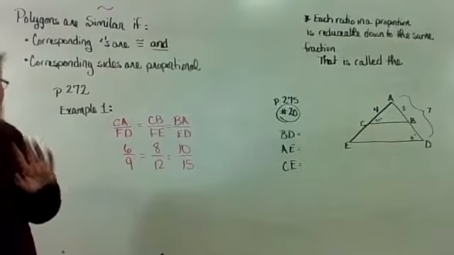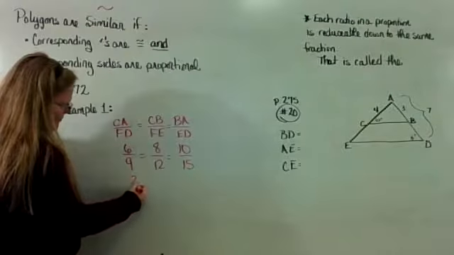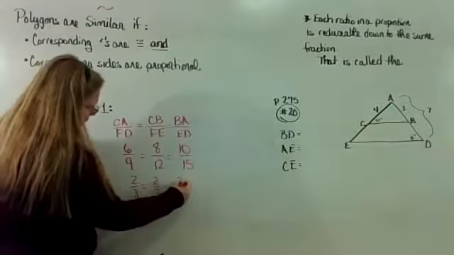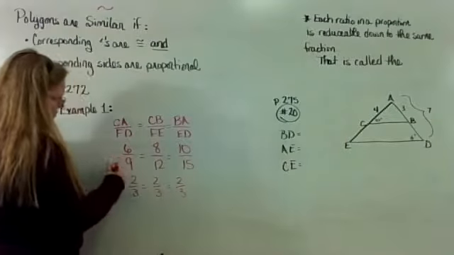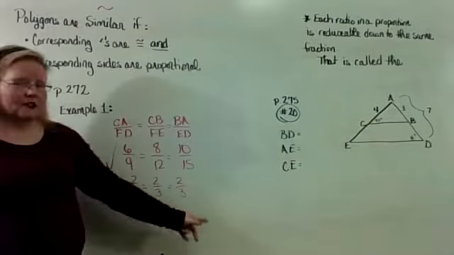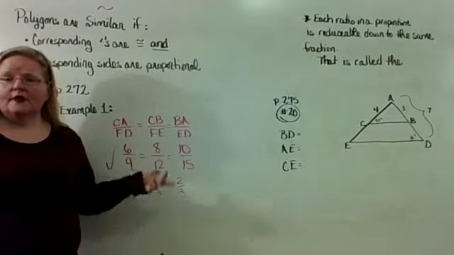And if I were to reduce all of these, here I get 2 over 3, 2 over 3, and 2 over 3. So yes, my sides are proportional because I get the same fraction all the way across. That's what shows you that the sides are proportional.